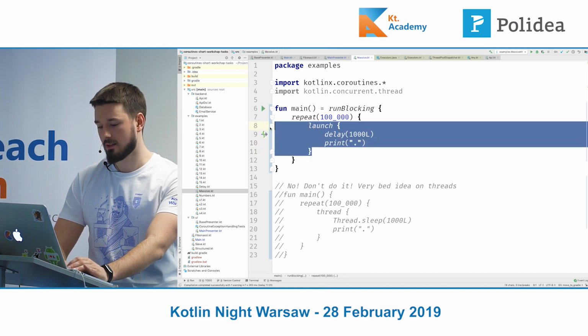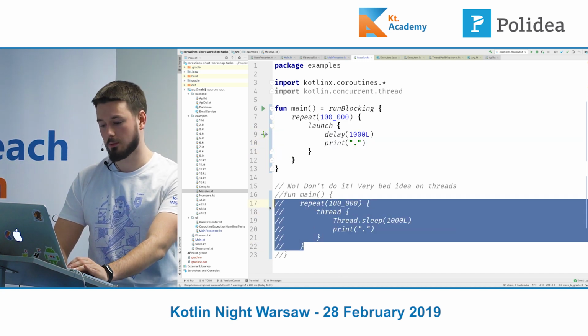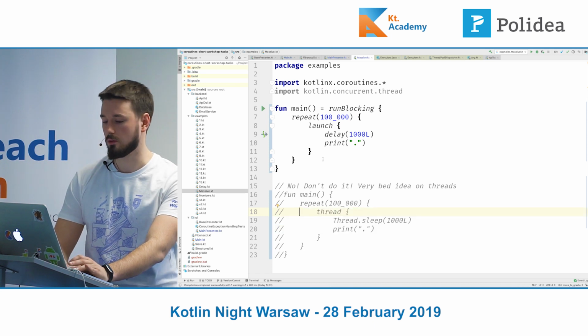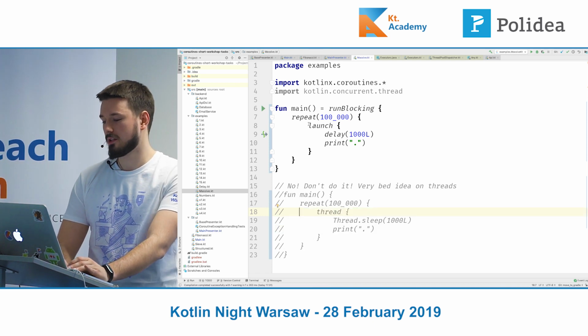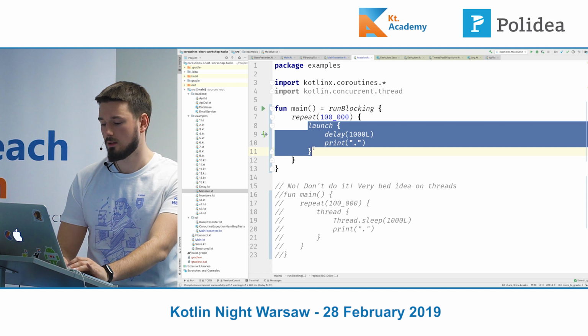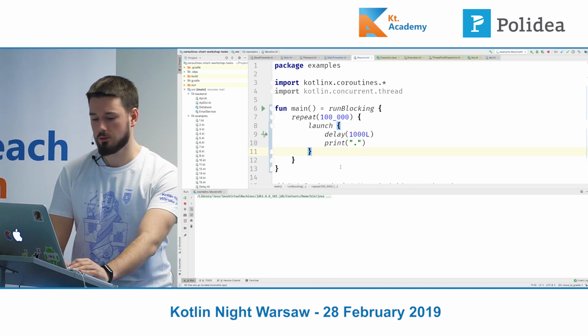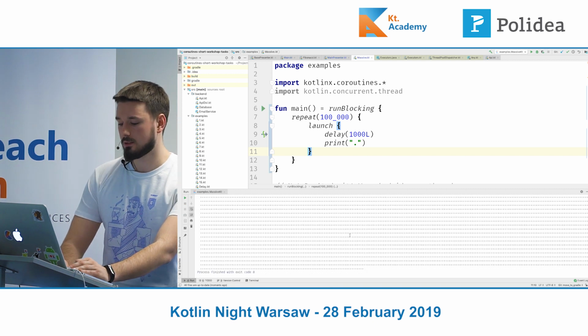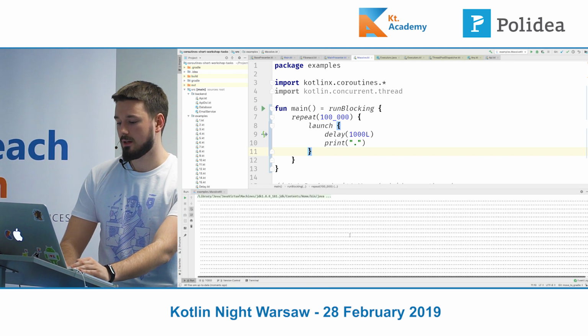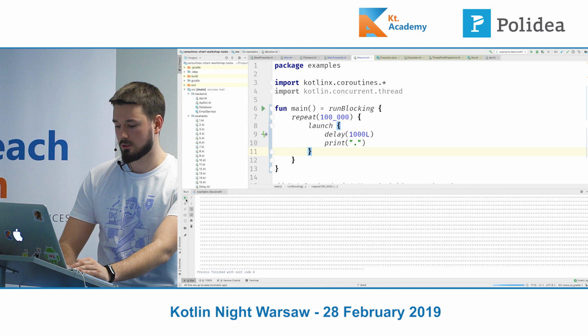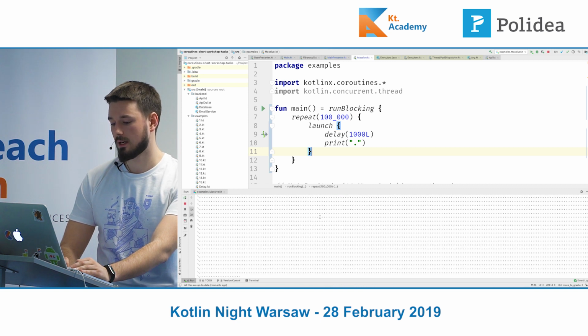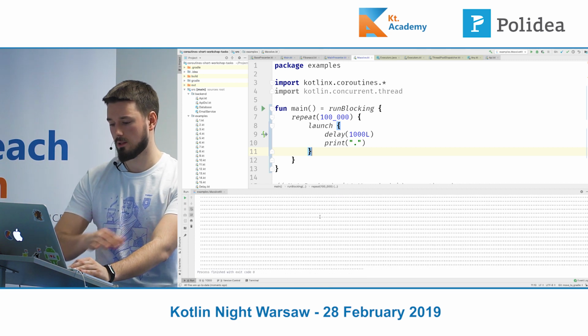In threads, it's not possible. It's too many threads to use. In coroutines, it's not a problem because we use threads only when we need them. So when you start this solution with coroutines, you can see for a second nothing, and then you have all the dots. You can start it again. Nothing, 1 second, all the dots immediately.